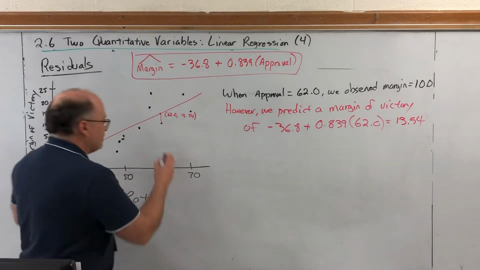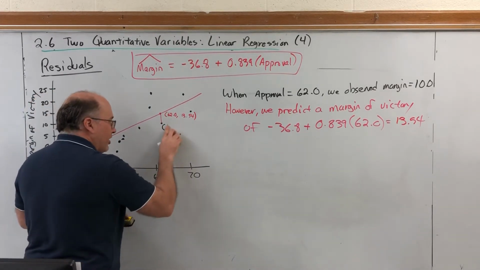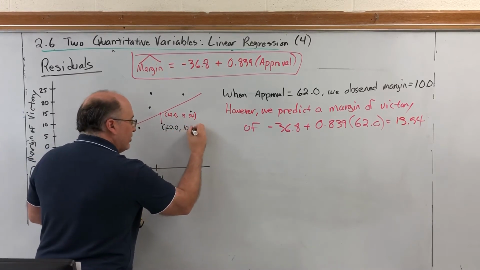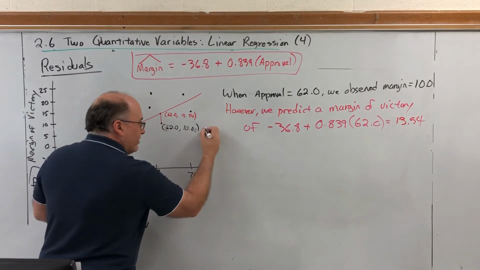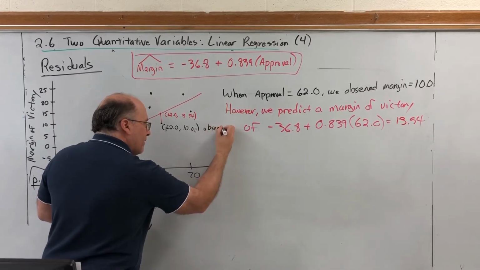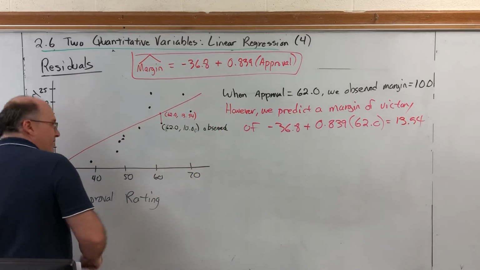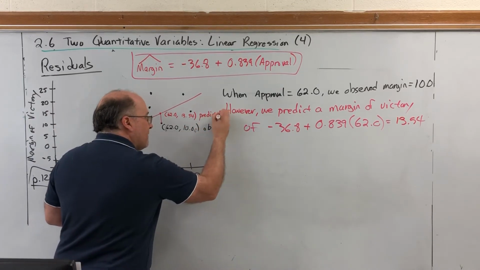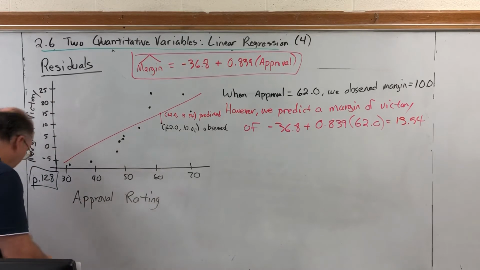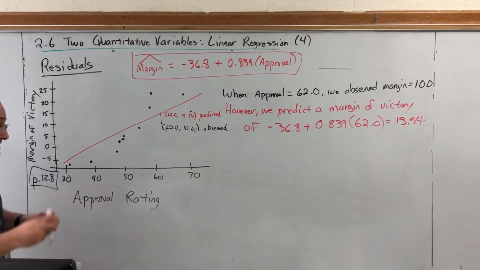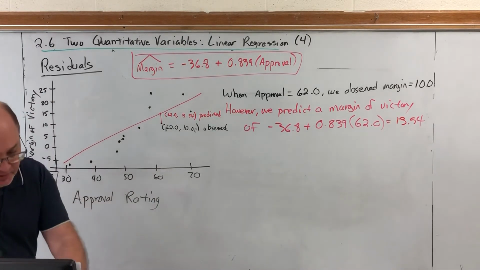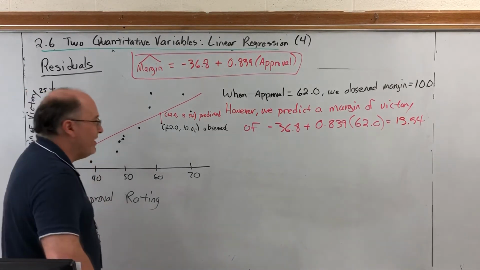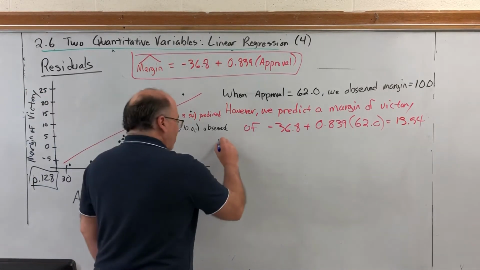I want to change this first word pair to black just for contrast. 62.0, 10.0 is what we observed. But the equation would have predicted this point here. A residual is the difference between what we observed and what we predicted. In fact, that's the definition of a residual.